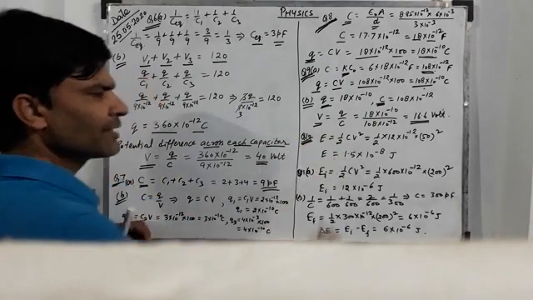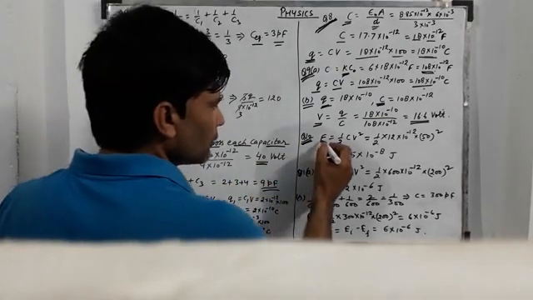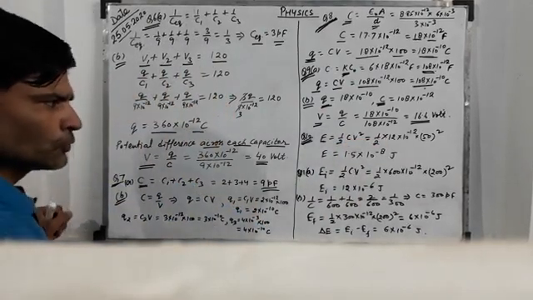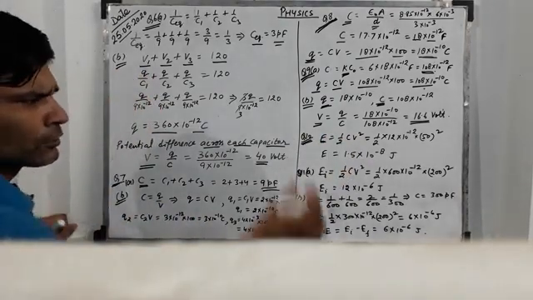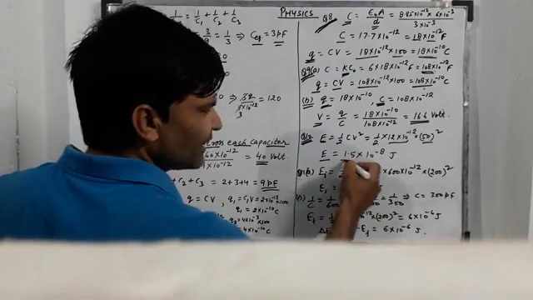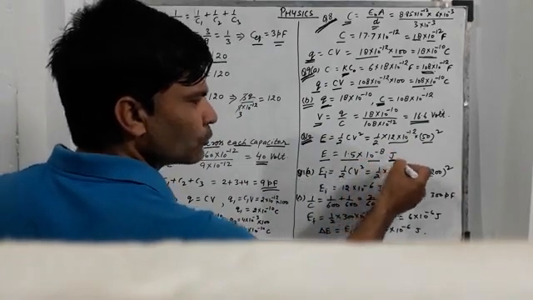In question number 10, the capacitance and potential are given to you and the question is asking about the energy stored. Simply by putting the values, we get E is equal to 1.5 into 10 to the power minus 8 joule.